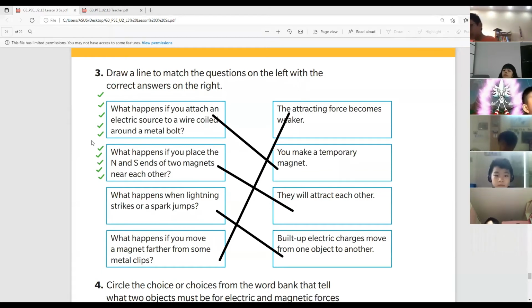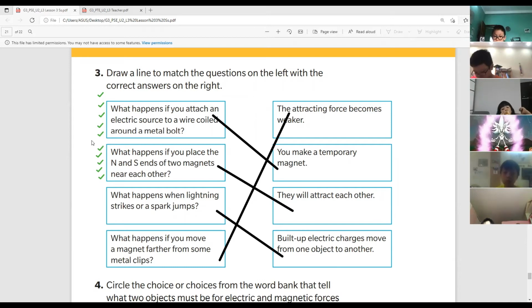Zook, can you read the third one for us? What happens when lightning strikes or a spark jumps? An electric charge is moved from one object to another.